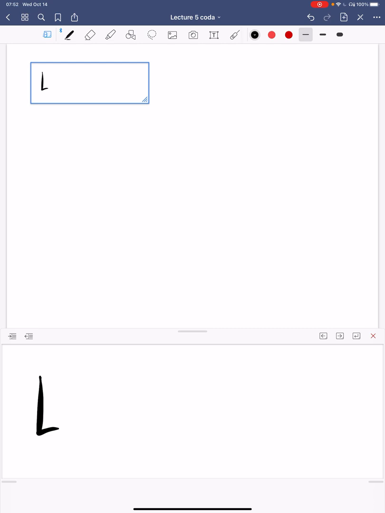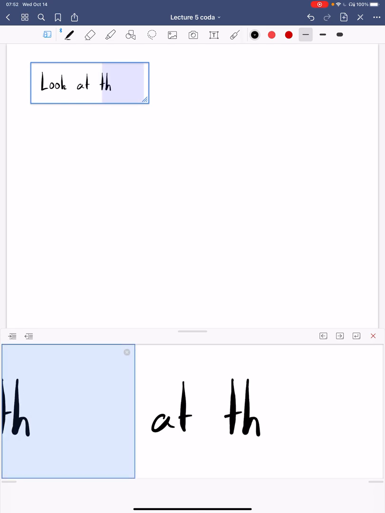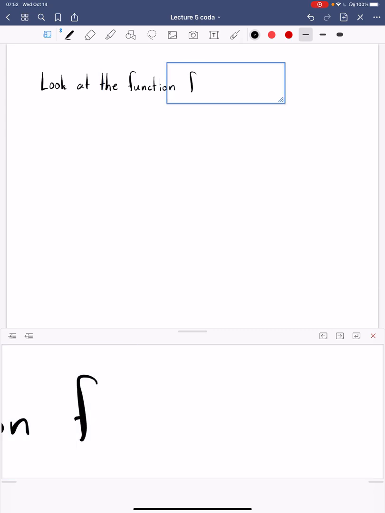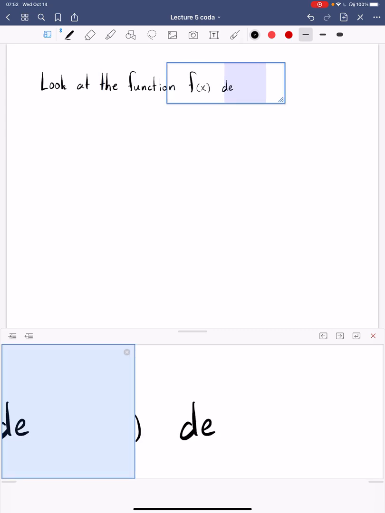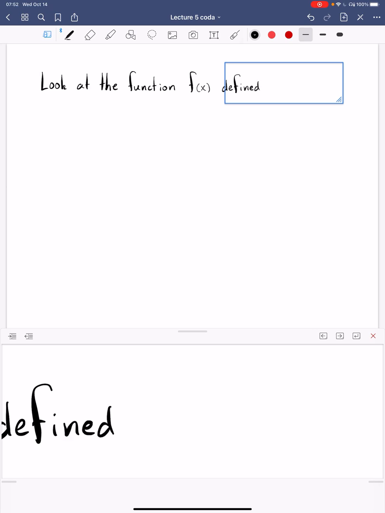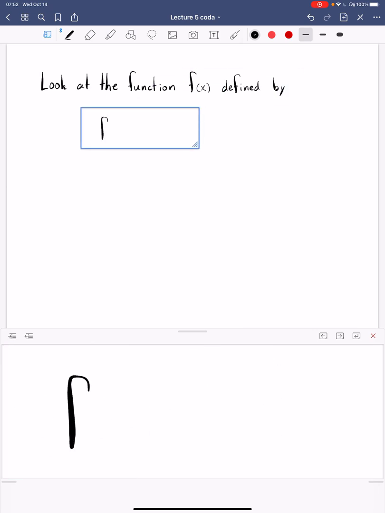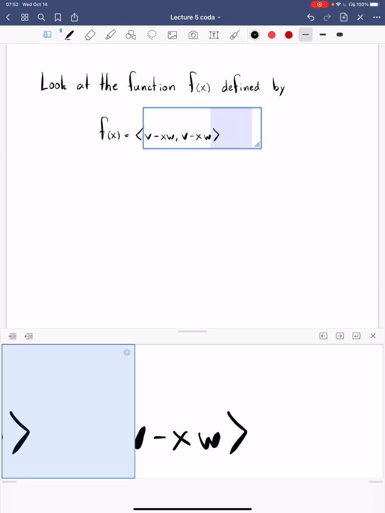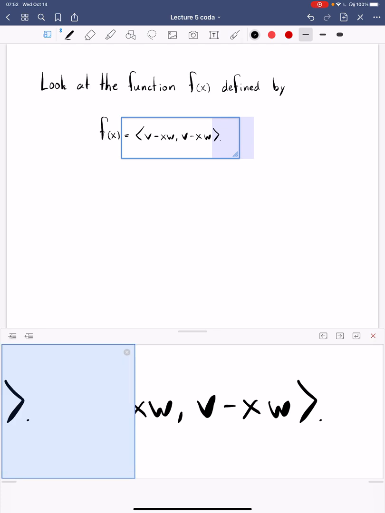It says that what one can do to understand this Cauchy-Schwarz inequality is look at the function f of x defined by f of x is equal to the inner product of v minus xw, v minus xw. Here v and w are two fixed non-zero vectors in your vector space V.